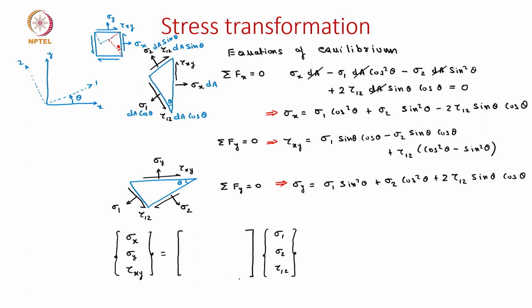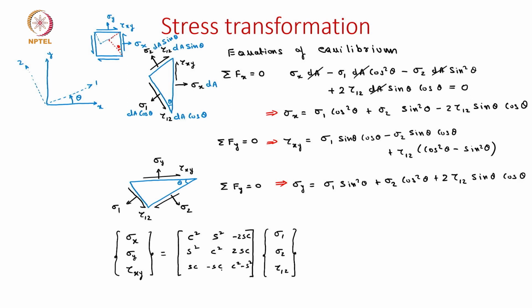And what are the components of this matrix? Looking at these equations, one should be able to write. We will write it as C square, where C stands for cos theta and S stands for sin theta, we will write it as S square, minus 2 S C, S square, C square and 2 S C, and lastly for the shear stresses we will write it as sin theta cos theta, minus sin theta cos theta, and cos square theta minus sin square theta.